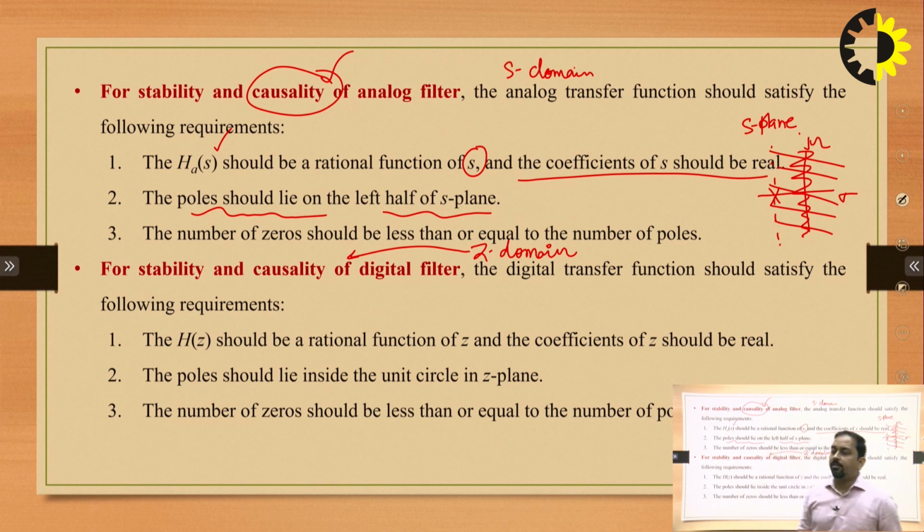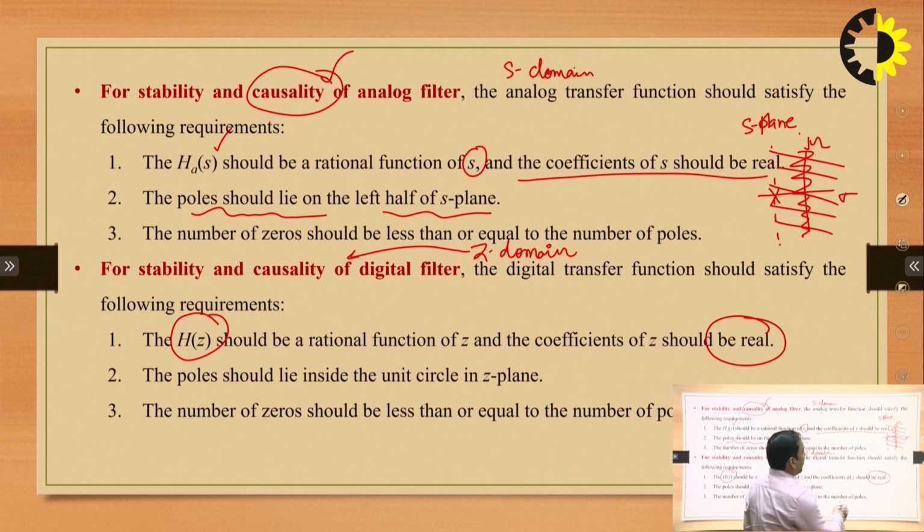Now the stability of a digital filter. The digital filter can be represented by the system function H of z, and again the same point is applicable here: H of z must be rational and the coefficients of z must be real quantities. Similarly, in the complex Z plane, which is something like this, with the unit circle, if the poles are lying inside, the ROC will be outside the outermost pole, and definitely in this ROC the unit circle is contained.